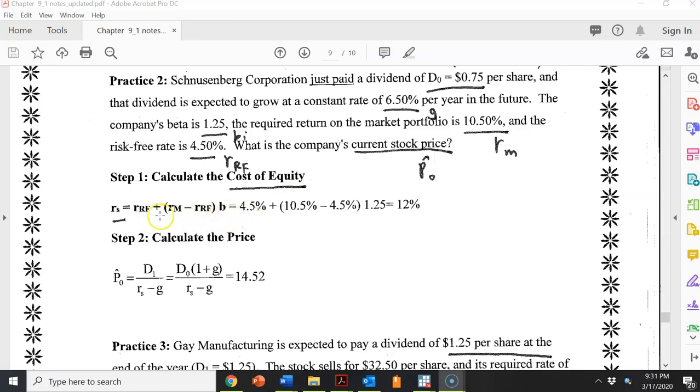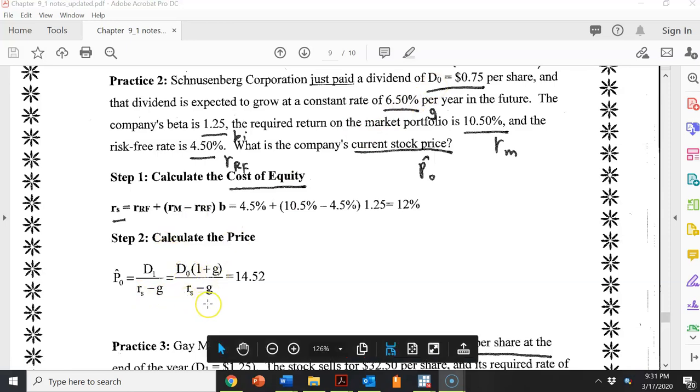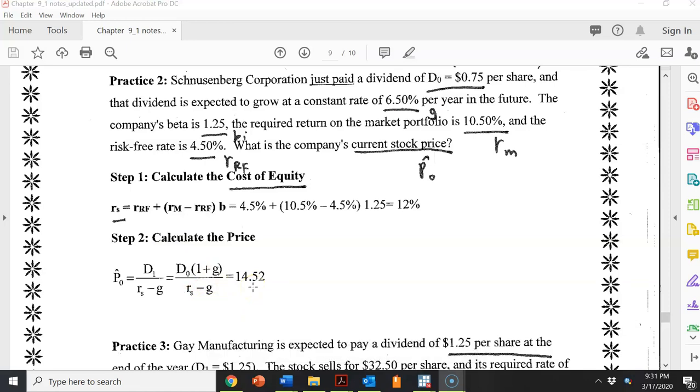All three variables are given. Plug the numbers in, we get RS as 12%, and then we can use D1 over RS minus G, which is the same as D0 multiplied by 1 plus G over RS minus G. Plug the numbers in, we get a price of 14.952.